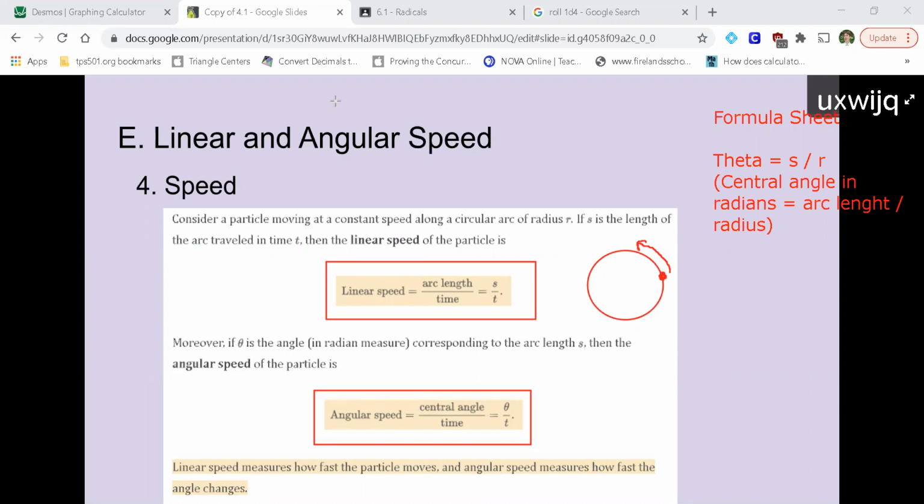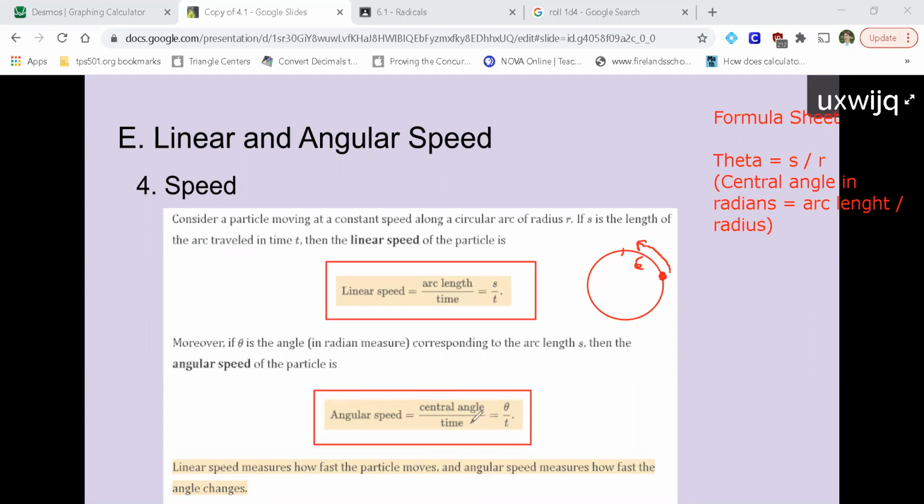There we go. I did that freehand. So how fast that dot is moving around the circle's edge over a period of time is your linear speed. So that's the arc length s over t, how long it takes to cover that ground.